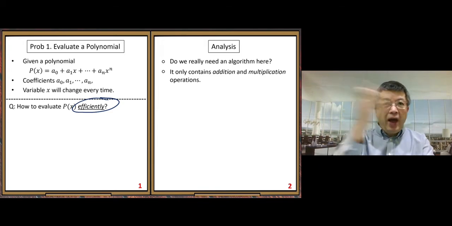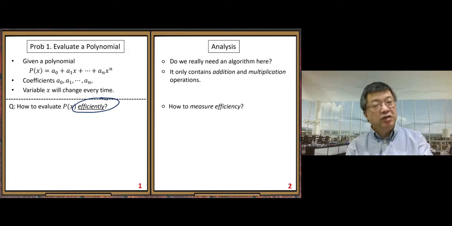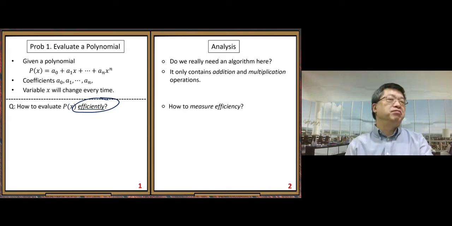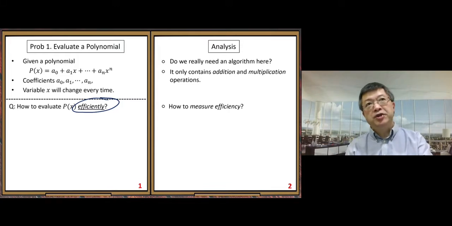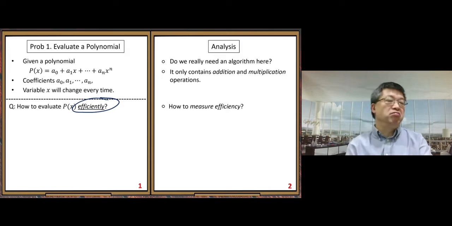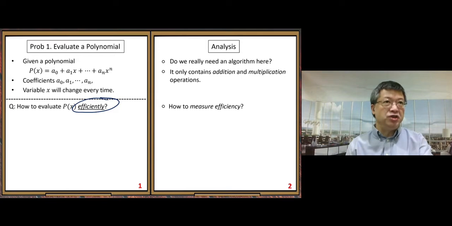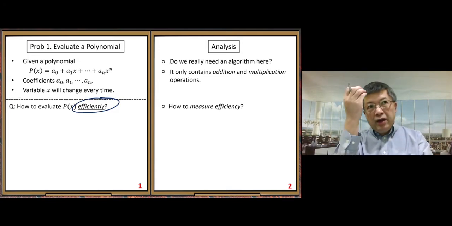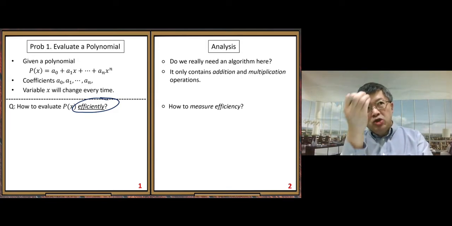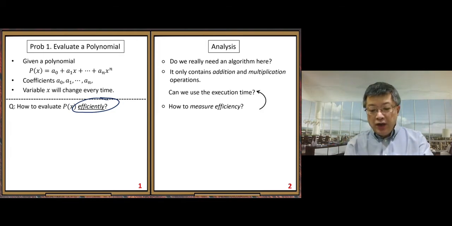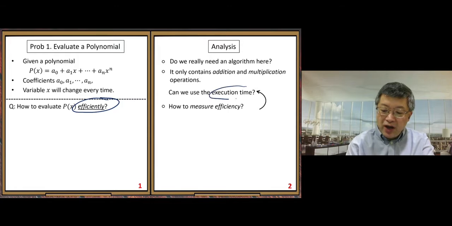All right, so next, the question: how to measure efficiency? We would like to know how efficient it is, but the question is how to measure the efficiency. There are many different ways to measure the efficiency. The first way that most people can think of is to use the execution time.